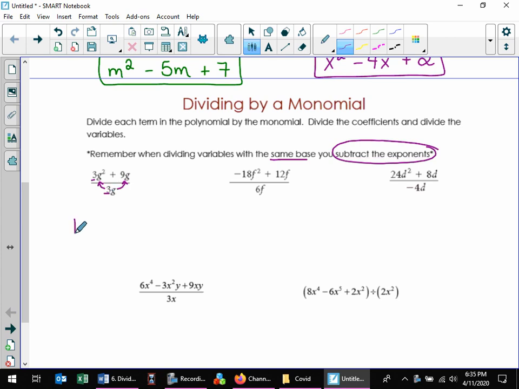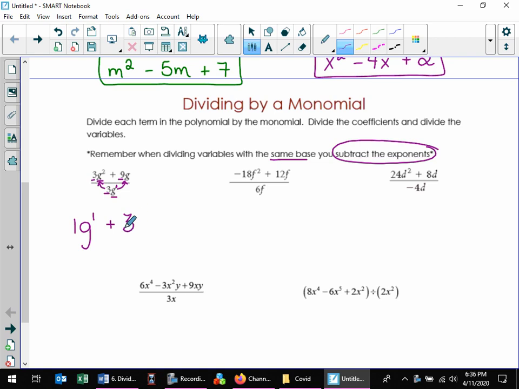So g squared divided by g, and this has an invisible exponent of 1. So keep the letter g, and then 2 subtract 1. You always go top to bottom. So 2 minus 1 is 1. I didn't have to write either of those ones in, but I did it. Now I'm going over here. 9 divided by 3 is going to be a plus 3 because it's a positive 9 and a positive 3.